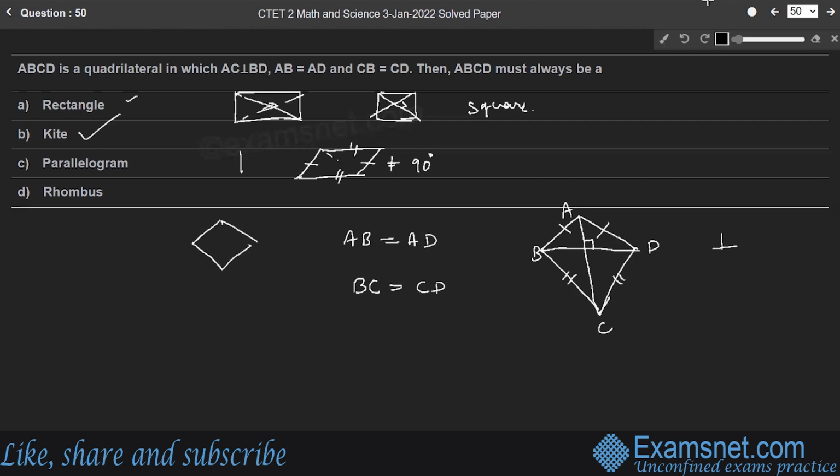It is a special case of parallelogram where all sides are equal and diagonals bisect each other at 90 degrees. So these two conditions satisfy only in case of kite, where adjacent sides are equal. There are two pairs of sides where adjacent sides are equal and diagonals bisect each other at 90 degree. Hence option B is the right answer.